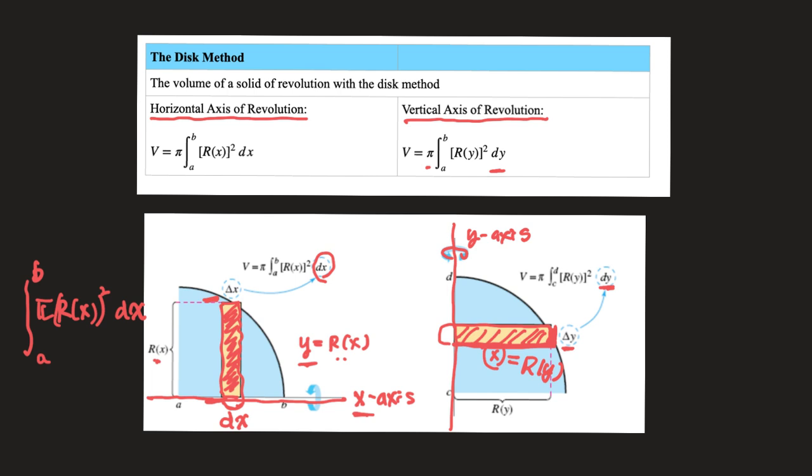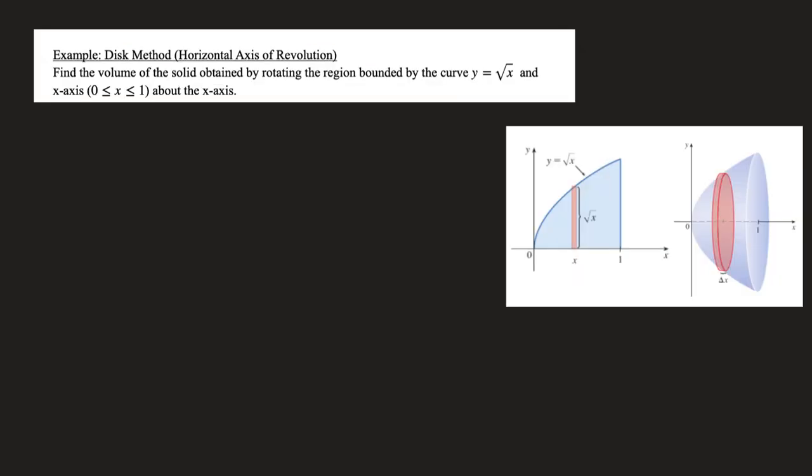So let's start with an example for the disk method. Guys, read this question very carefully. What does it say? Find the volume of a solid obtained by rotating the region bounded by the curve y equals square root of x, the x-axis, from 0 to 1. So this is the region.